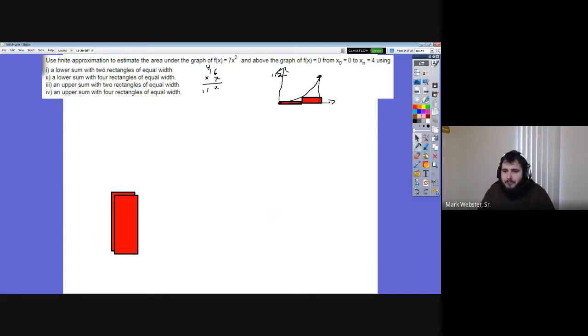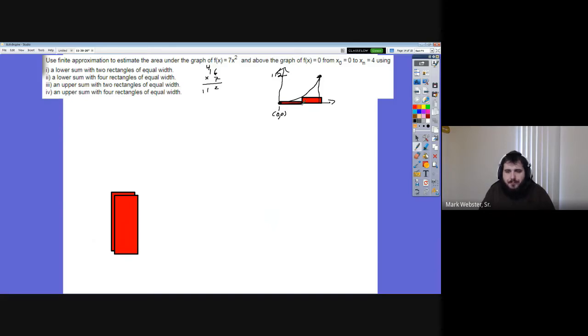So we can figure out what our base and height are for each of these rectangles. Well, let's think about it. Here, the x value is 0, right? Well, what's the y value? 7 times 0 squared is just 0, right?